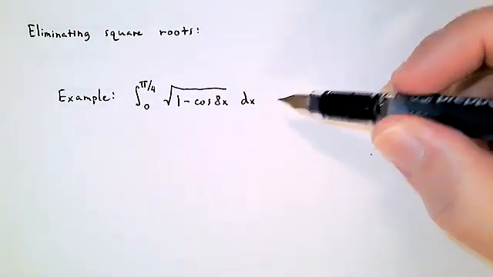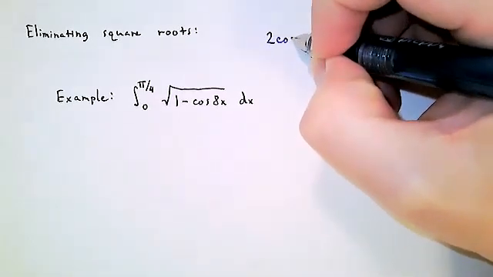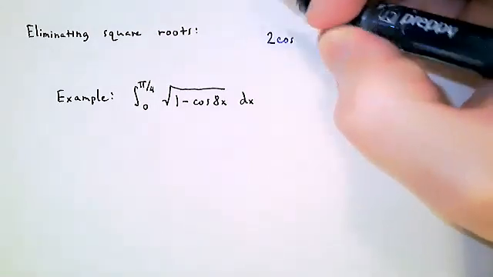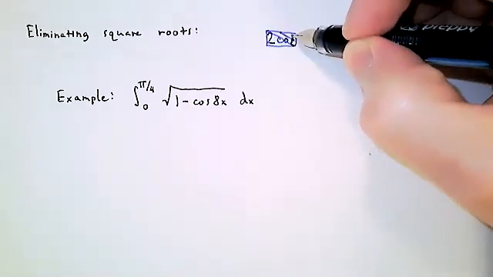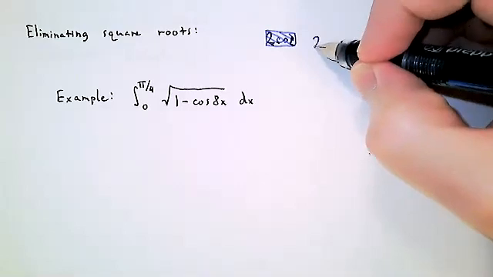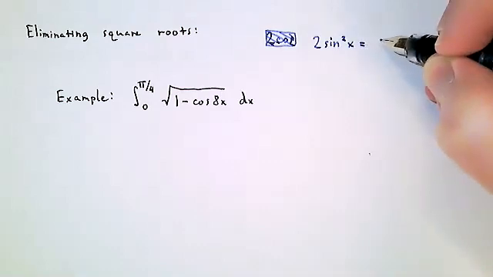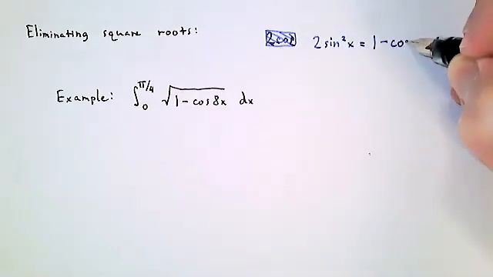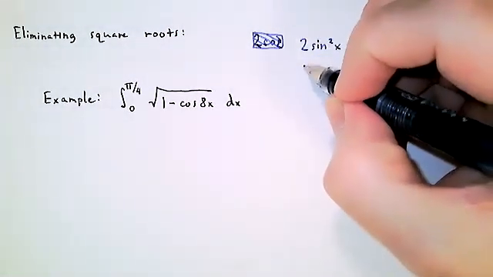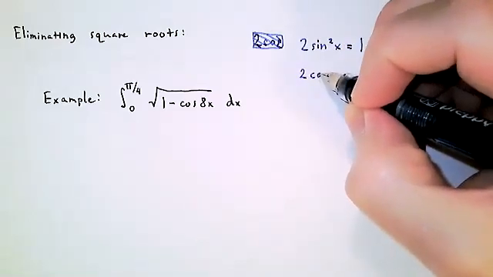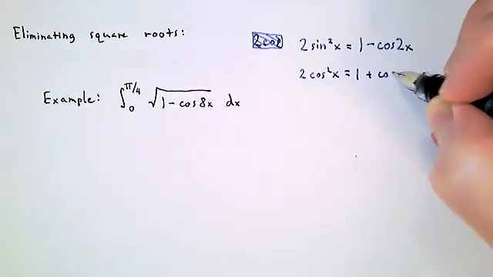So basically, I'm going to multiply the cosine rule by 2 on both sides to get this new formula. 2 times sine squared of x is equal to 1 minus cosine of 2x. And the opposite rule, which I guess I might as well write down, for 2 times cosine squared would be 1 plus cosine of 2x.